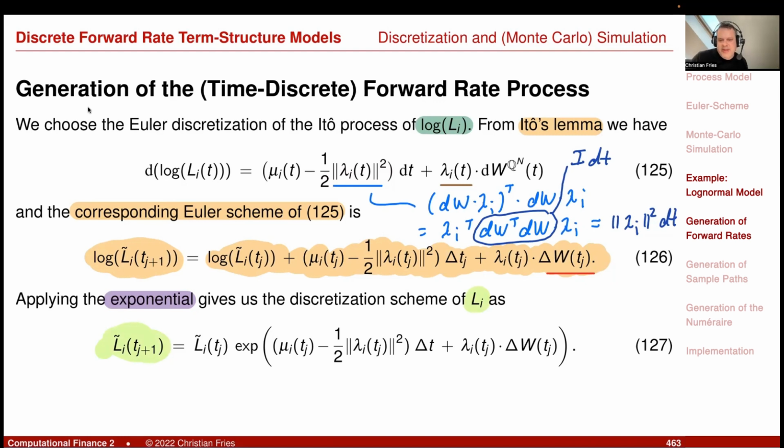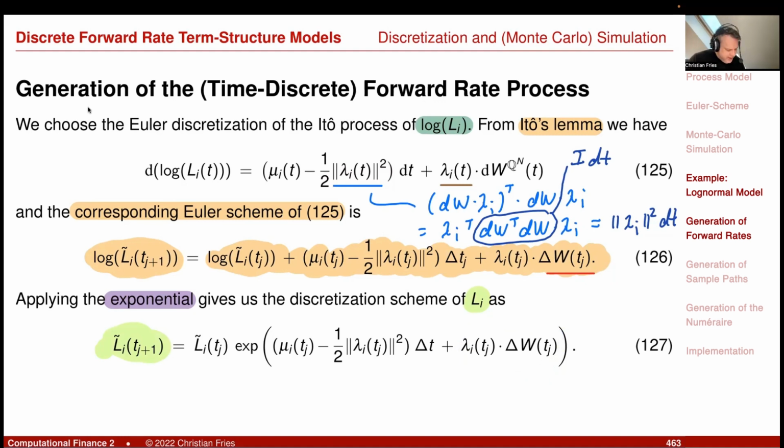Note, for example, if you have the nice situation that the lambda is a constant, so it does not depend on time, then this part of my discretization is exact. It's just the integral of lambda times dw.